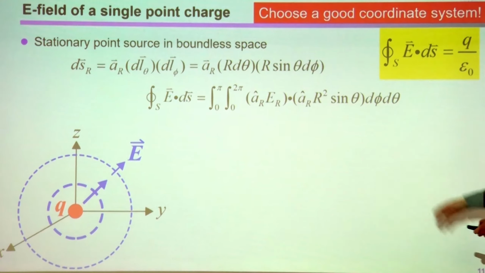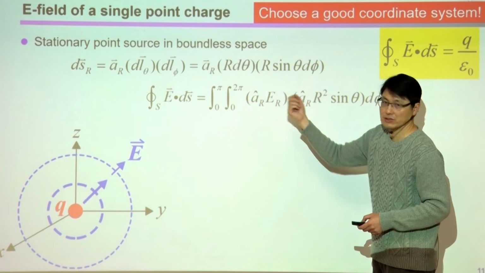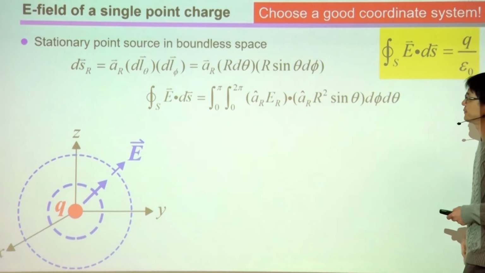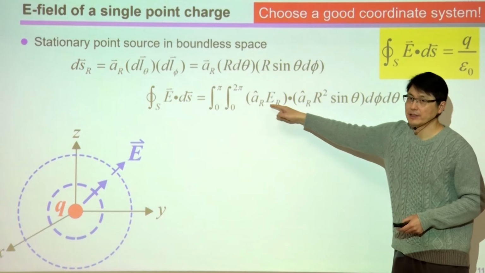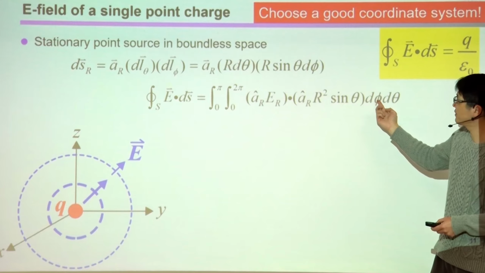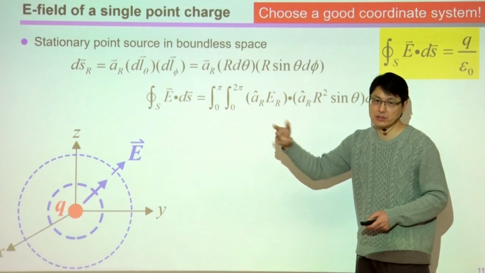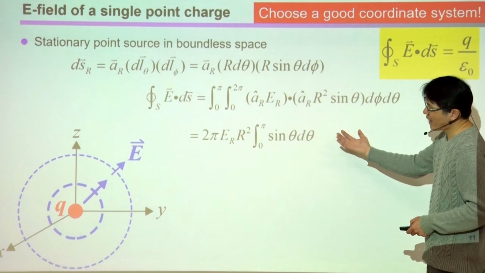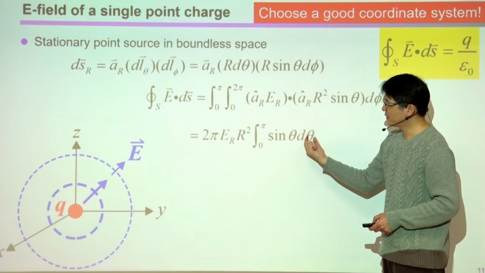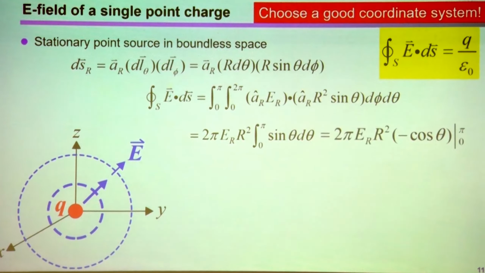Right? Now we look at the things inside. a_r is just 1. So there is no phi inside. So basically, d phi over the range of 0 to 2 pi is just 2 pi multiplied directly. Okay? So what we're left with is sine theta d theta integrated over 0 to pi. And that you know how to do. So I'm just showing you the result.